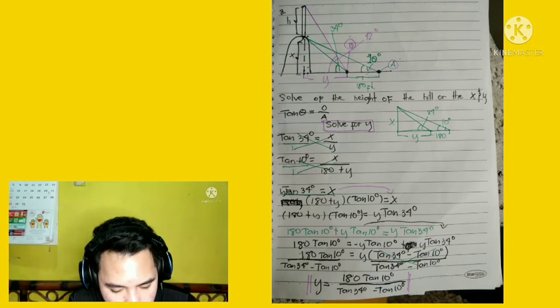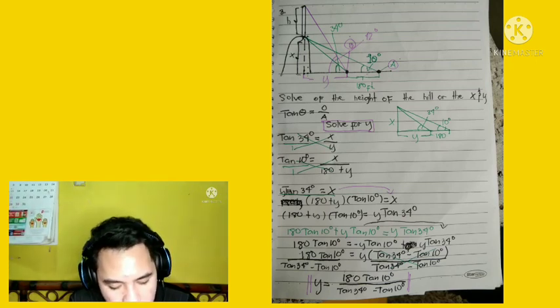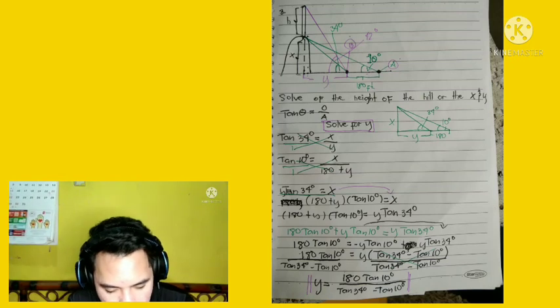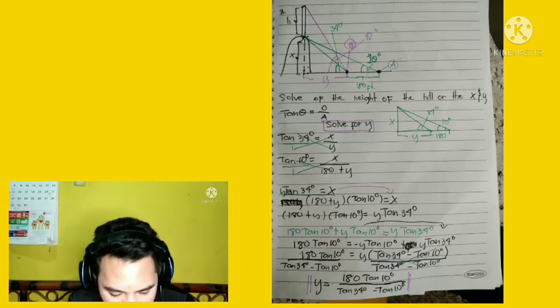So now we can solve. So multiply: 180 tangent 10 degrees plus y tangent 10 degrees equals y tangent 34 degrees. Now we can solve by moving our y tangent 10 degrees to the other side.